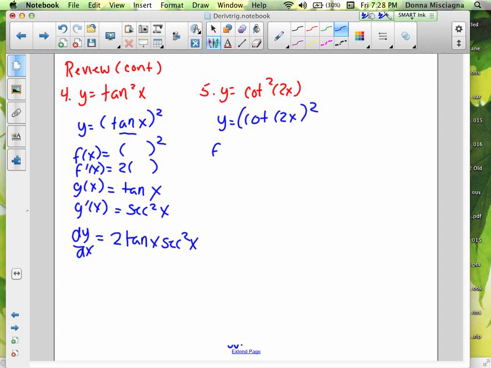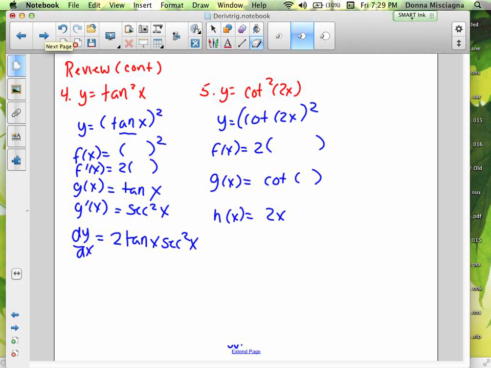And so our outside function is blop squared, and the more inside function is cotangent blop, and the most inner function here is 2x. So the derivative of blop squared, oops, I already took the derivative, sorry. Got carried away. So sorry, the function is blop squared. The derivative is 2 blop.